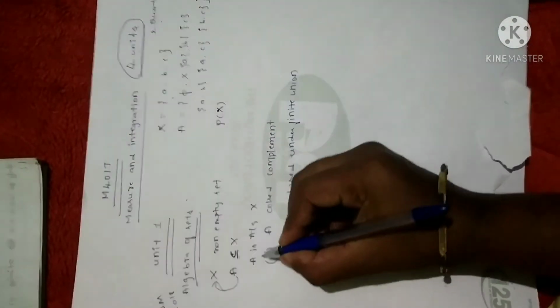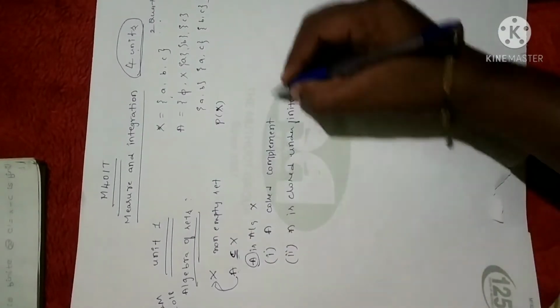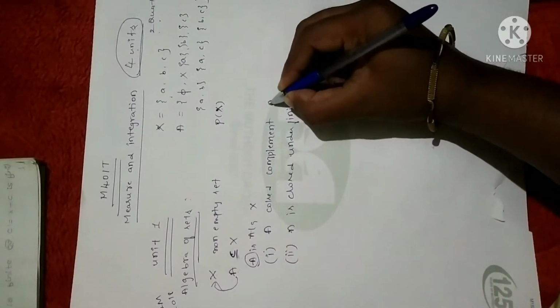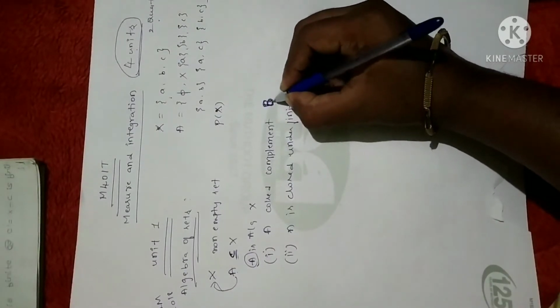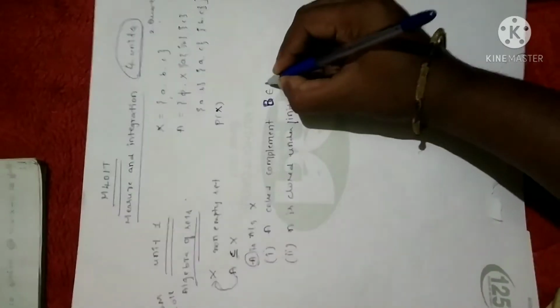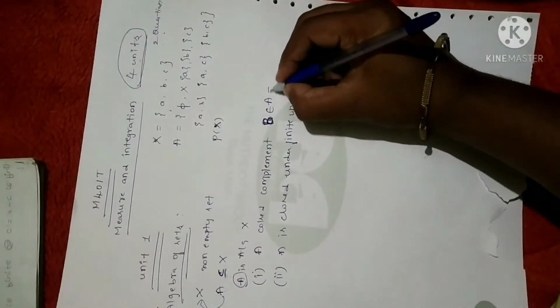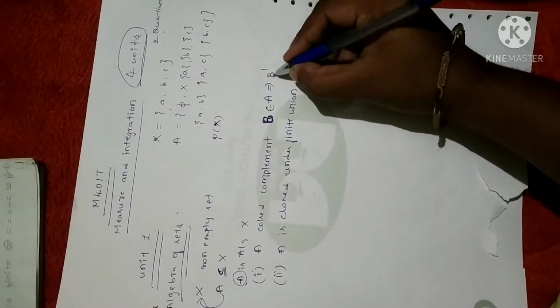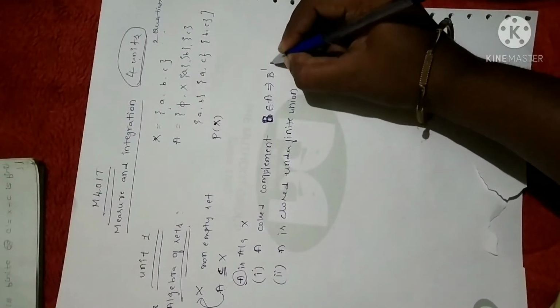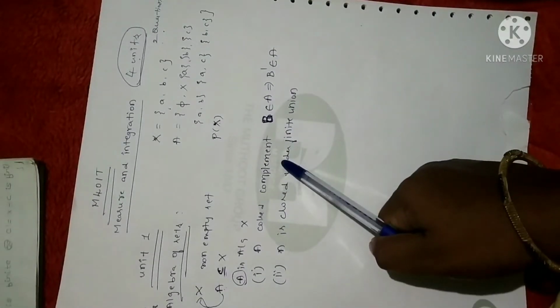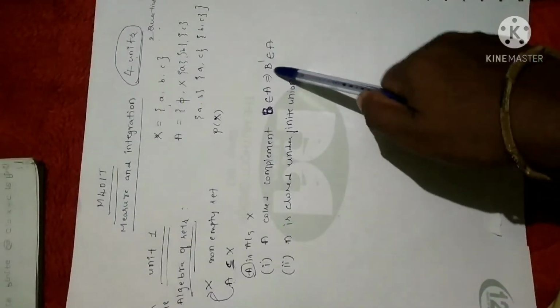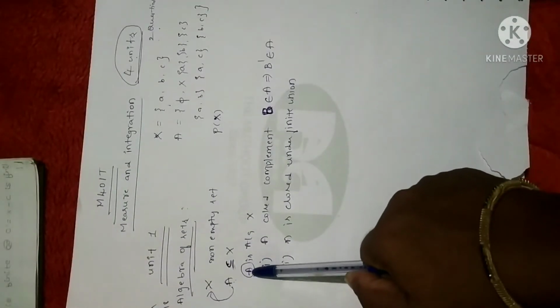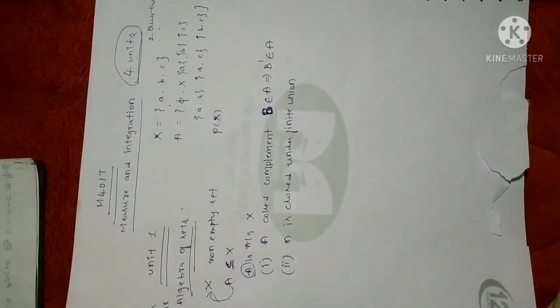In the sense, since A is a subset of X, suppose I have an element B in subset A, then its complement, B complement, should also belong to A. A is closed under complement, meaning that for any element in the subset A, its complement should also belong to the subset A.